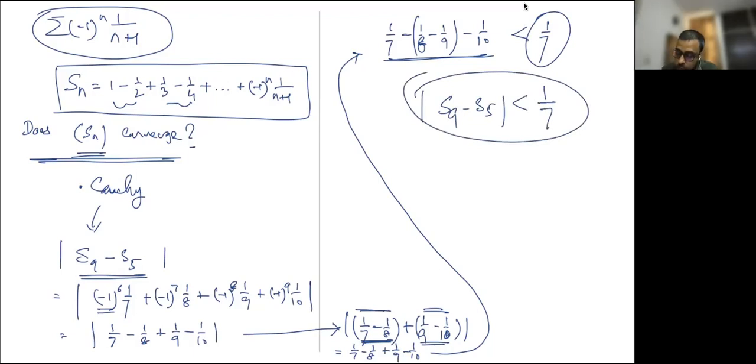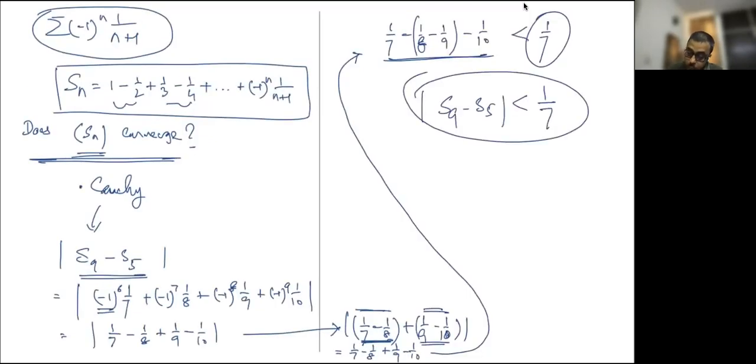What would be the case if we had S10 minus S5? So here it would be the earlier expression and one more term. So I'll just copy paste from here so that I don't have to write all these again.